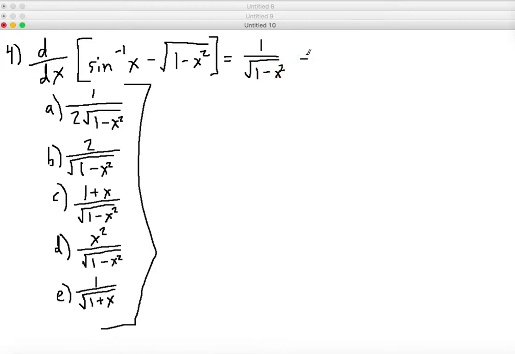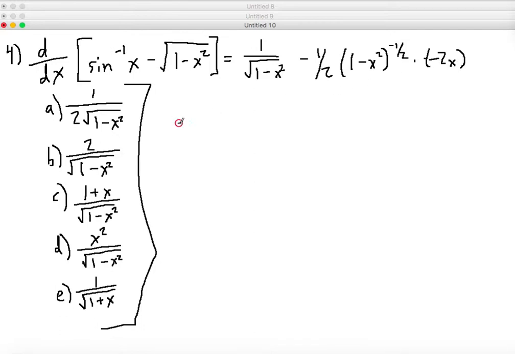The derivative of our next piece is going to be 1/2 times what's inside the square root to the negative 1/2 power. And then that times, we're going to take the derivative of the inside of that. We're using the chain rule here, times a negative 2x.